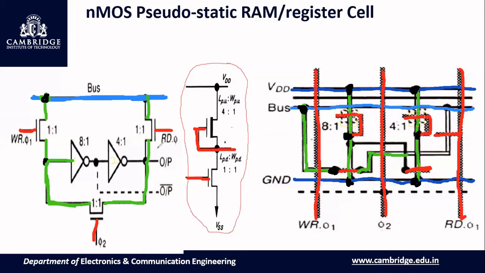From the output of the second inverter. From there, it is connected to one of the diffusions. The other end of the diffusion should be connected to the bus.